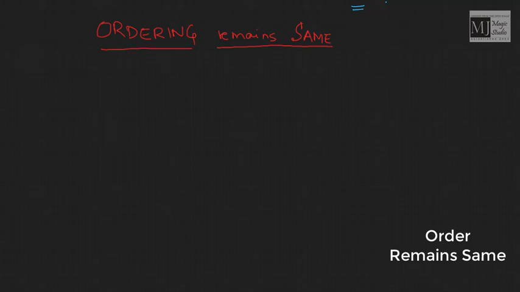Now when I say ordering remains same, that means their positions might be different but the order would be same. 5 chairs are there, and suppose I am concerned about only 2 people, A and B, and I say that A should always sit to the left of B. What does this mean?